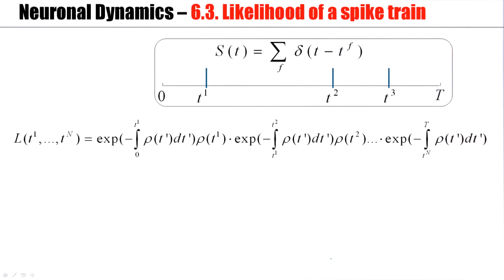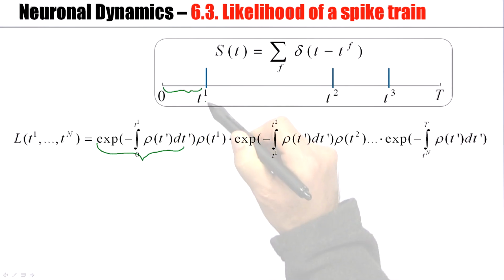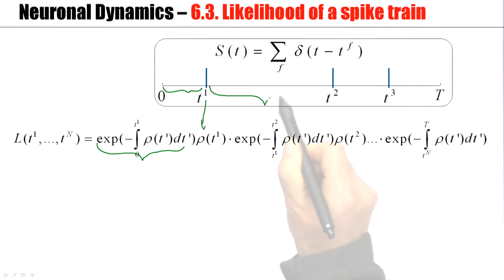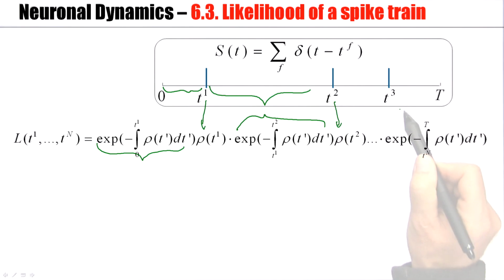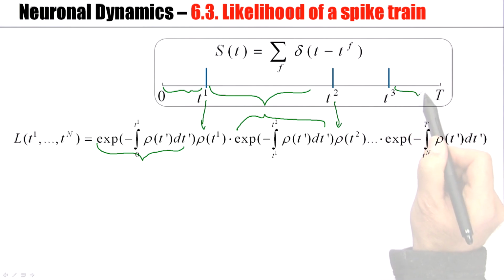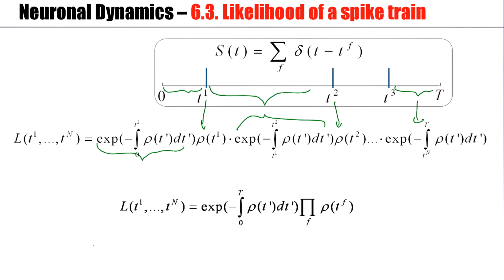And here it is again. Our density, this is the first interval. Then I have my spike. This is the second interval. Then I have my spike, and so forth until I have the last interval. I can rewrite this in a slightly different form. We see that this integral here goes up to t1, but the next integral starts at t1, and goes up to t2.